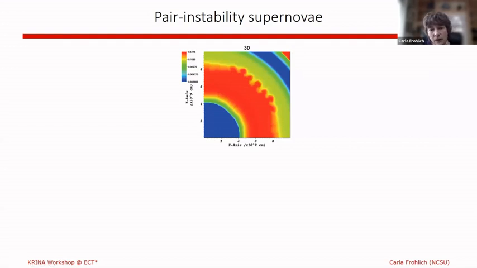The image I'm showing you here shows that if you do this in 3D, while overall the structure remains spherically symmetric or close to spherically symmetric, mixing becomes important at composition interfaces. So this shows the silicon to oxygen interface where you see this mixing. The color coding is silicon, with red being the high silicon. So this is your silicon layer extending, mixing into the oxygen that's further out.